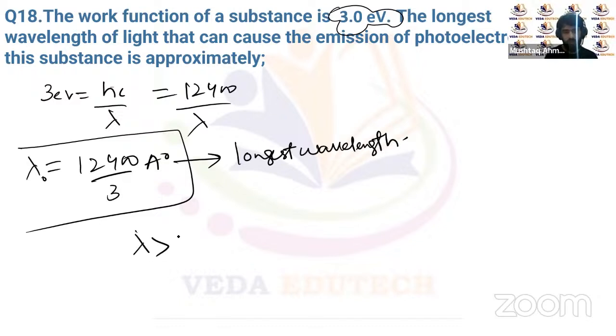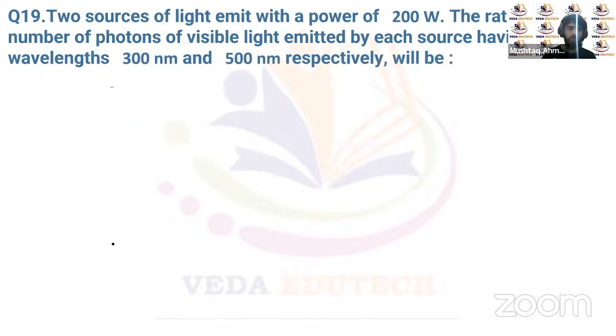If we have a wavelength greater than lambda naught, then for sure the photoelectric effect will not take place. The longest possible wavelength for the photoelectric effect to take place will be 12400 upon 3 angstroms.